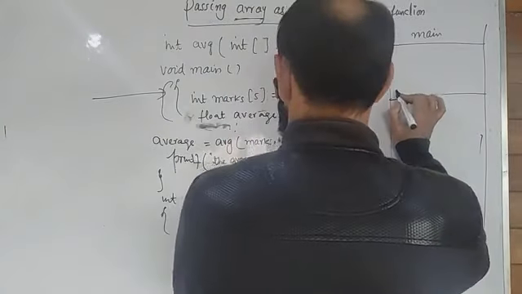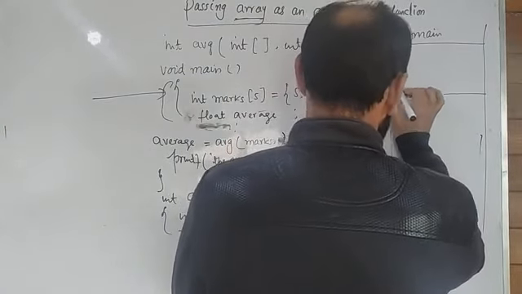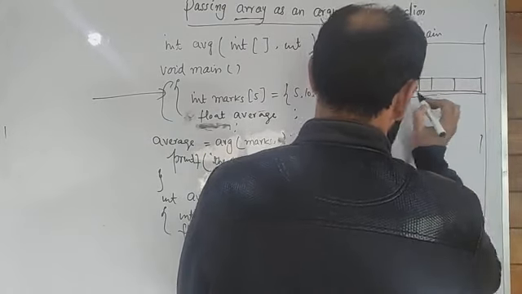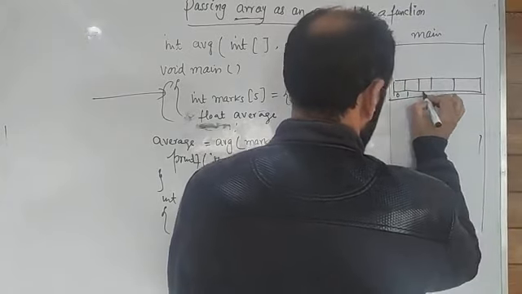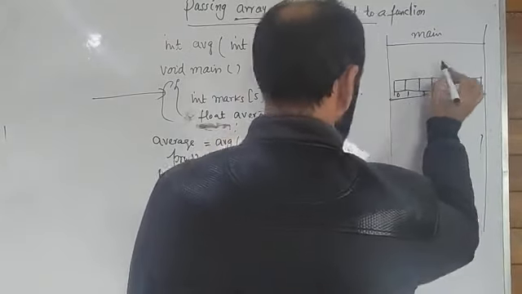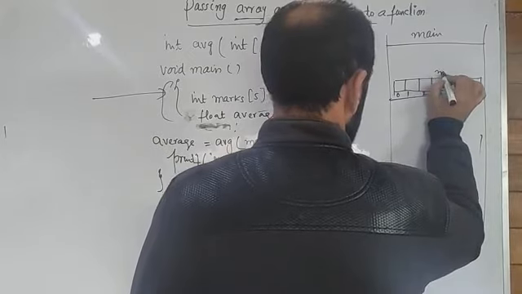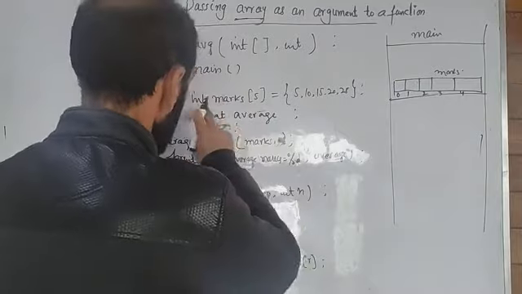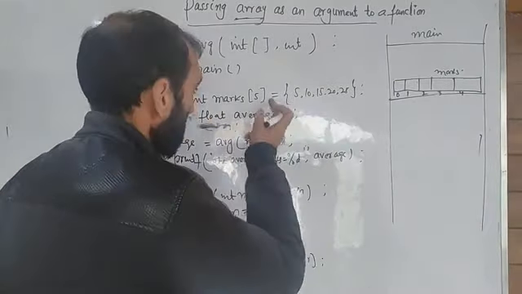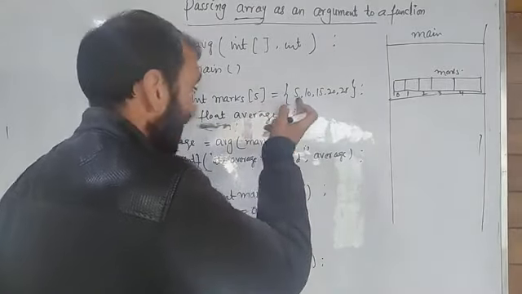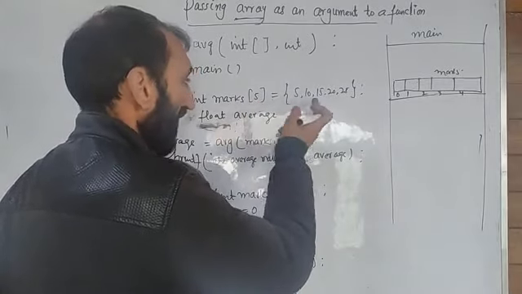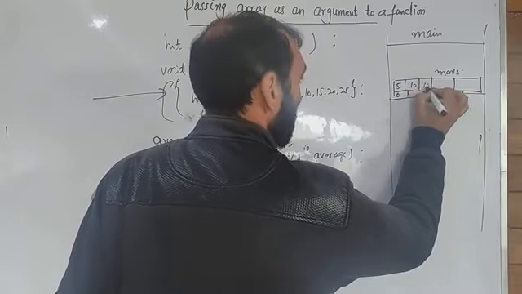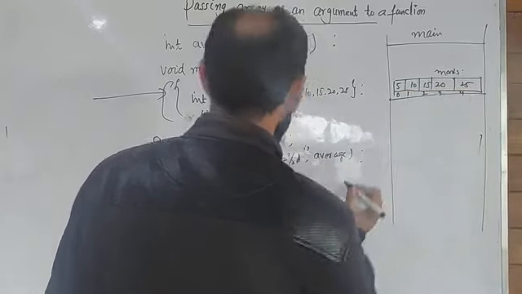That means there are indexes 0, 1, 2, 3, 4, and the name of this is marks. And what I have done here is I have initialized this array at the compile time: 5, 10, 15, 20, and 25.